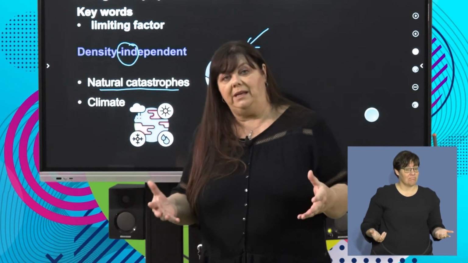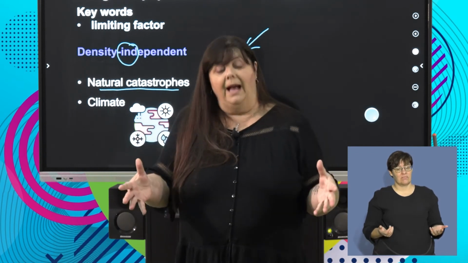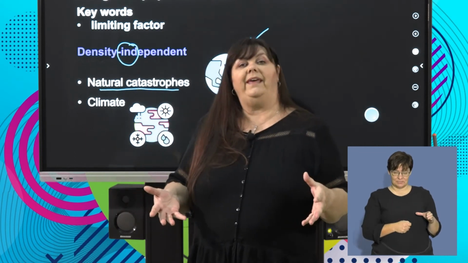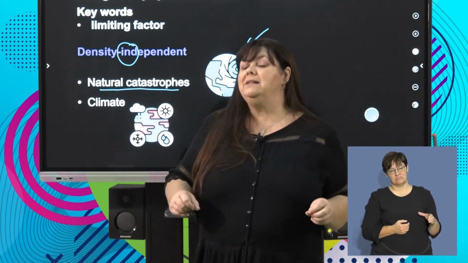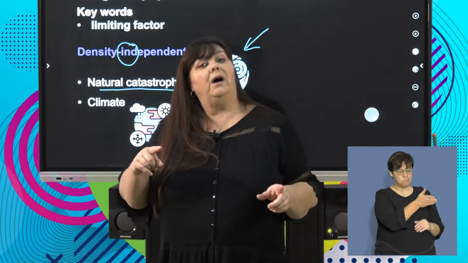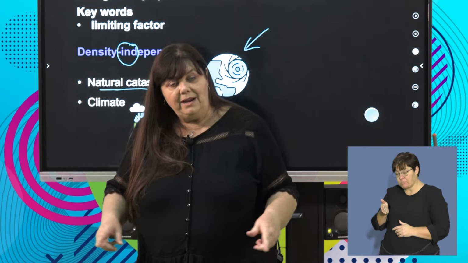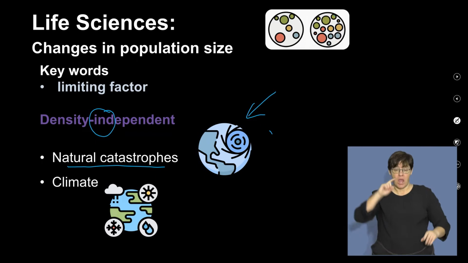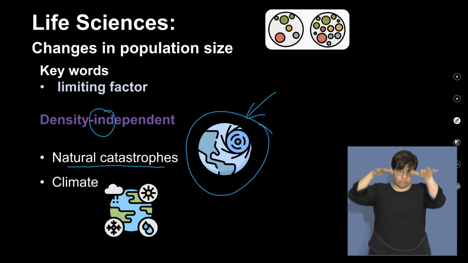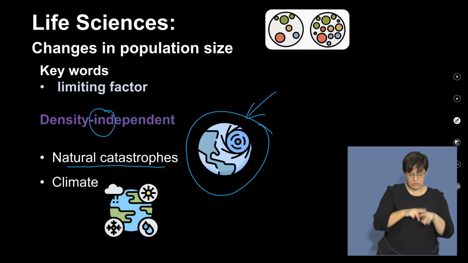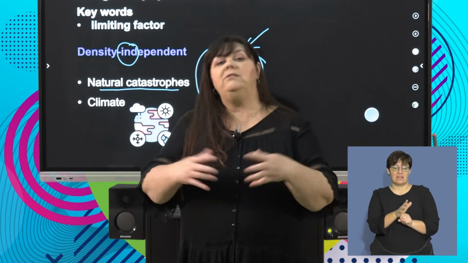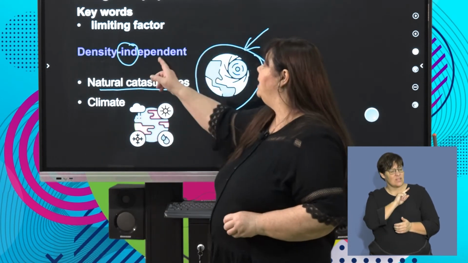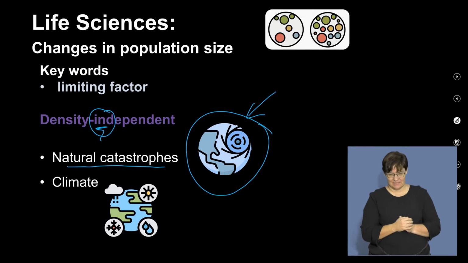And quite honestly, if you are a lion in a particular area where there are maybe 10 individuals, or you are a lion in an area with 50 individuals, a storm or a flood coming through is going to affect your population irrespective of how many members are in that population. So that's why we call them density independent.